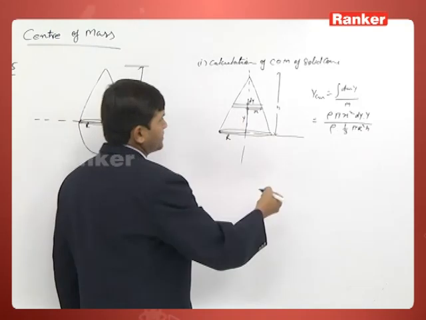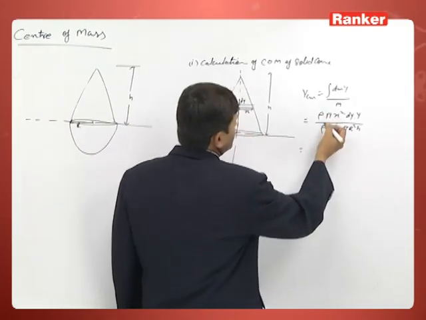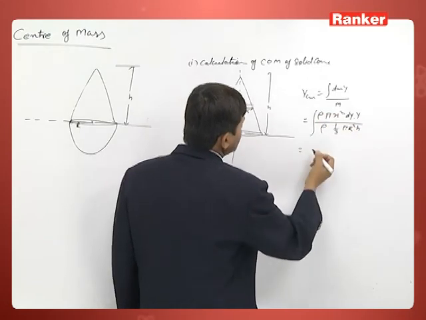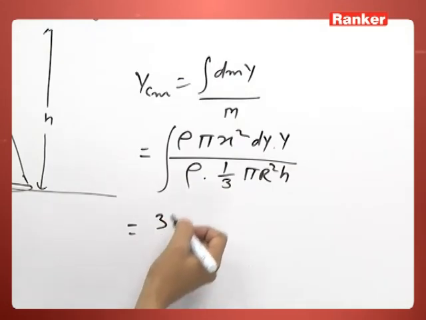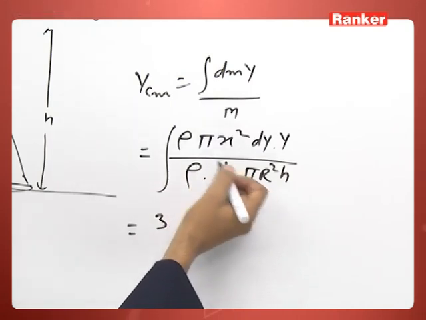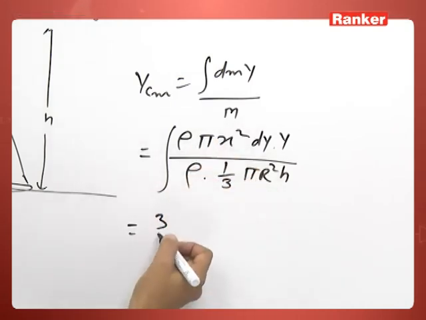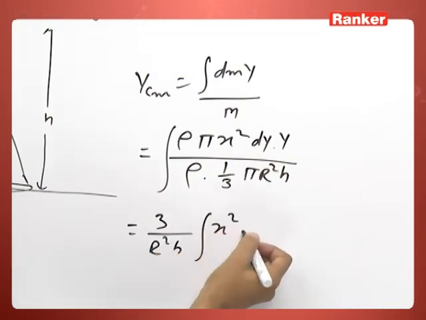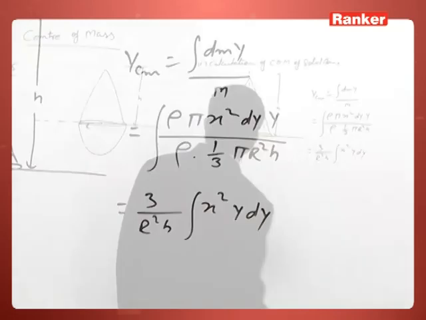Now rho and rho cancel, pi and pi cancel, leaving 3 by r square h, x square y dy.